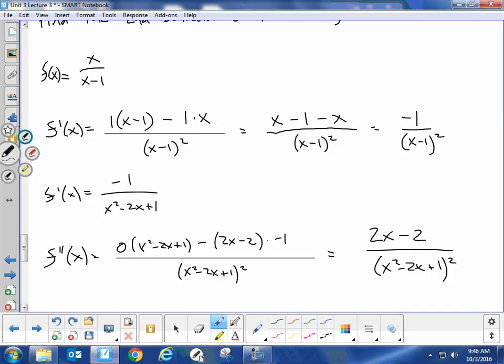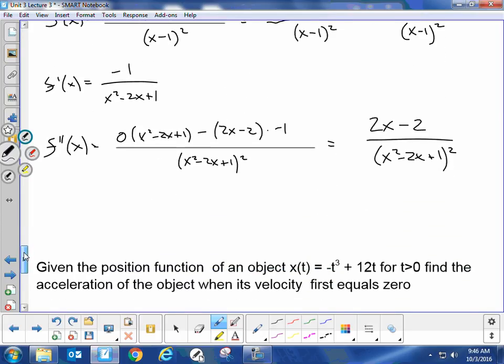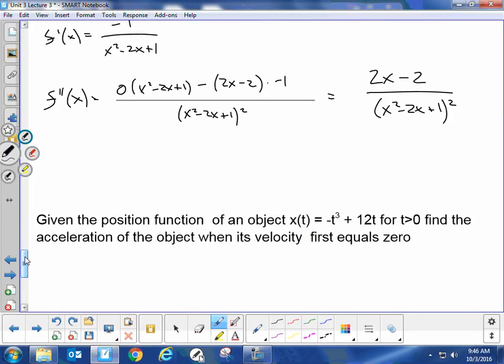Here comes an example of why we need a second derivative. For our straight line motion problems, let's think about things. I have a position function, x of t, and I want to find the acceleration of the object when its velocity first equals 0.